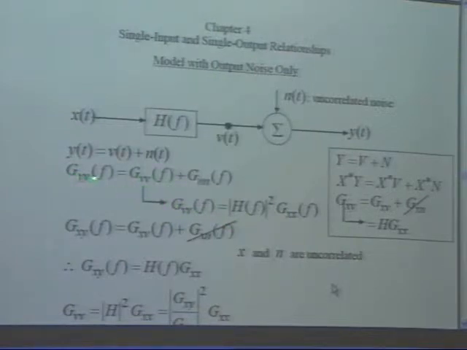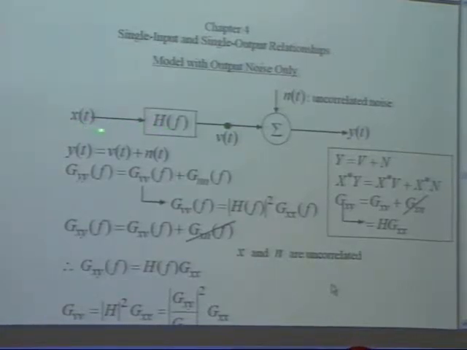So here is Gyy is equal to Gvv plus Gnn. It's right here, which is coming from here. And the Gvv here, look at this point to that point. Gvv is equal to H absolute square times Gxx.